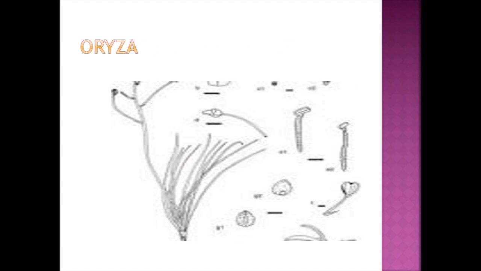Next, Oryza. This is a monocot plant, rice. This is also a monocot. The picture is not very clear, but I hope you understand the image. This is a monocot plant, Musa, the banana tree.